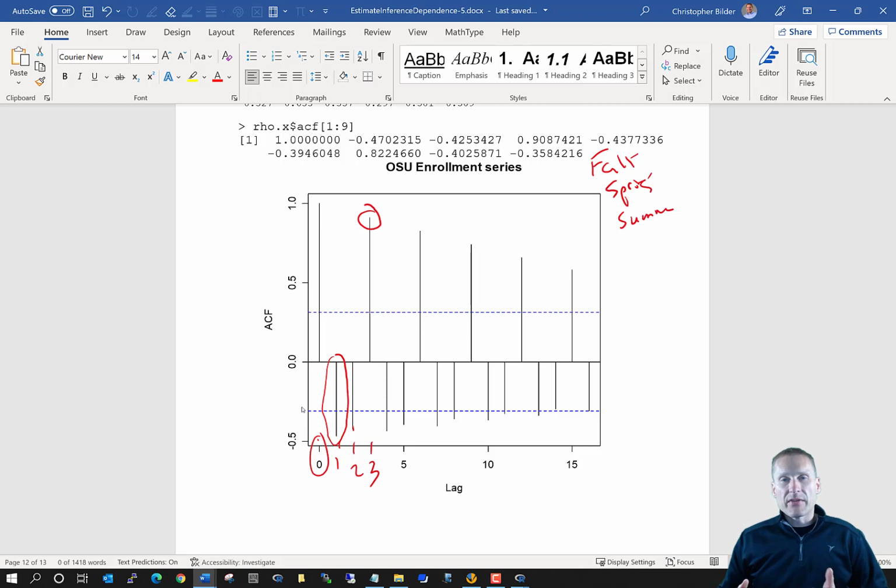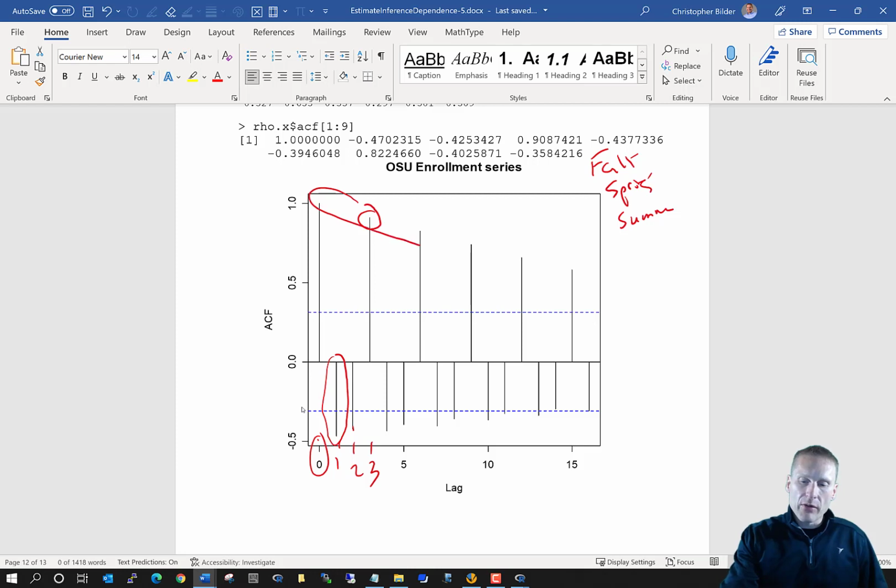Also at lag 3, what this says is do the same thing for, let's say, spring 1990, spring 1991, spring 1992, and so on, where we're looking at every 3 time points in the time series. We have very similar values, and that's why we have this strong autocorrelation there.